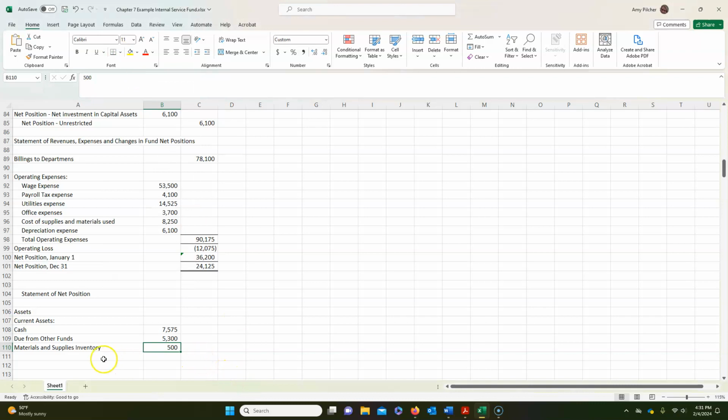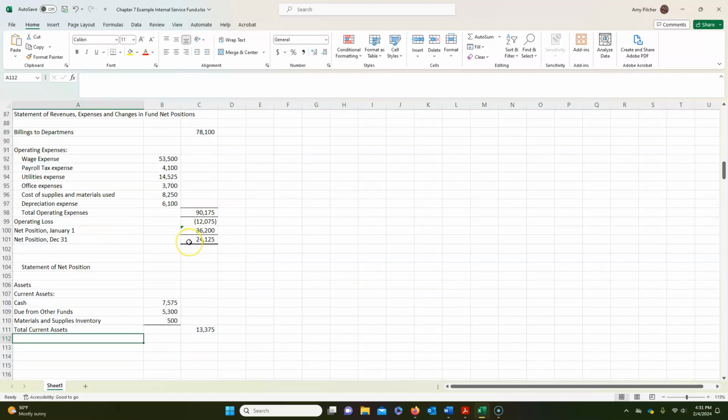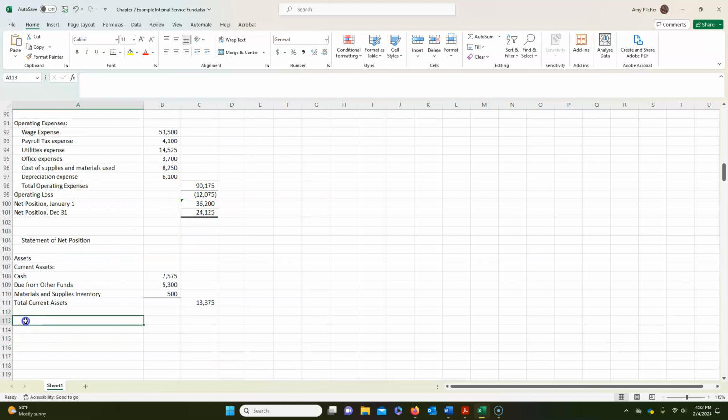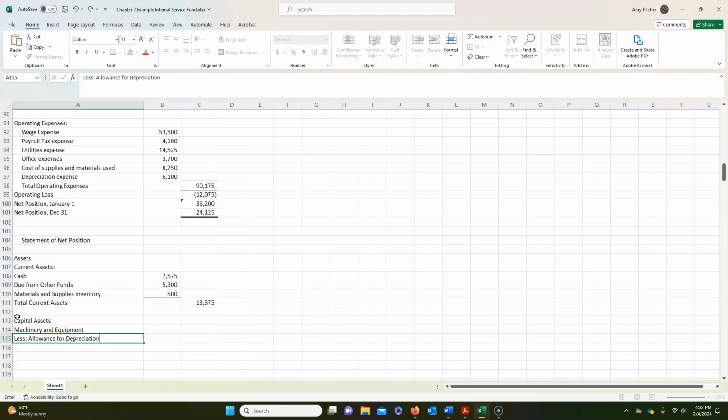So our total current assets equal the sum of those, or $13,375. Then we have our capital assets, machinery and equipment, less allowance. Okay.